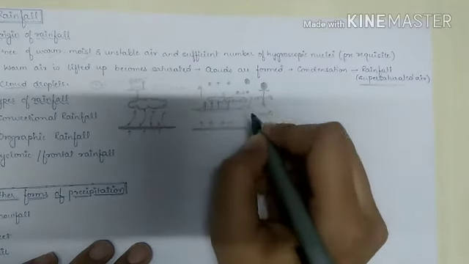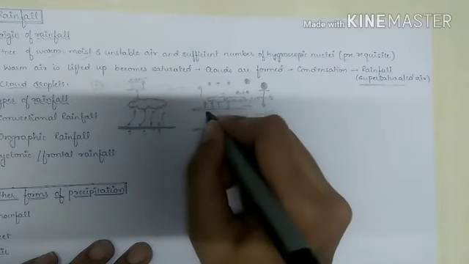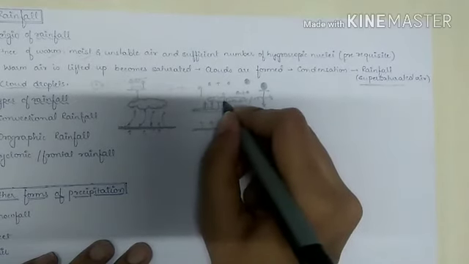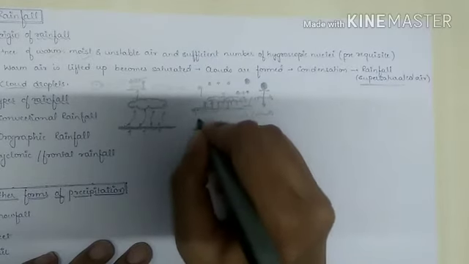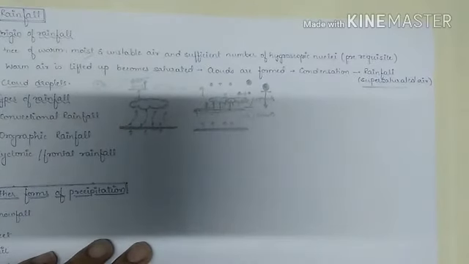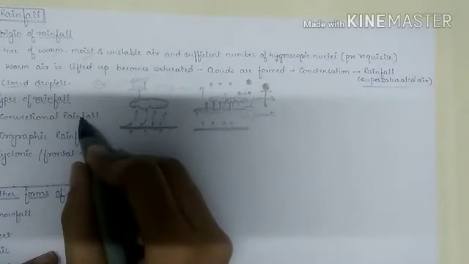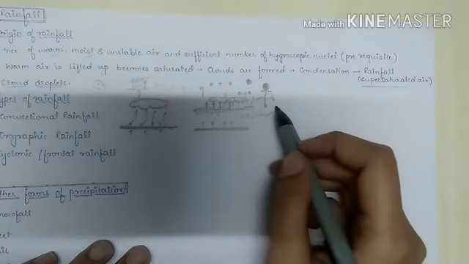So the clouds are formed. Now these clouds will give more heavy rainfall than the clouds that were formed below. So that is convectional rainfall, how it occurs.